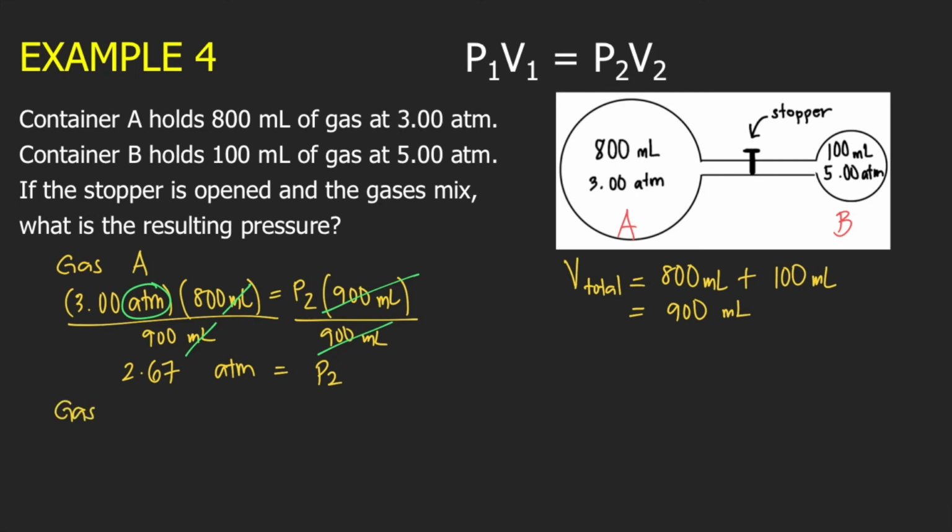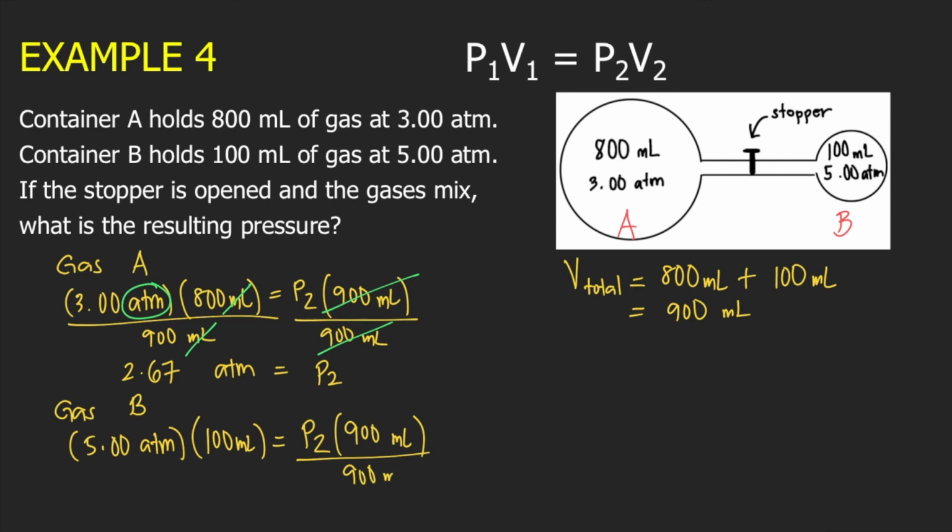Now let's do the same for gas B. The initial pressure of gas B is 5 atm, and the initial volume of gas B is 100 ml, equal to P2 times the total volume, which is 900 ml. So divide both sides by 900 ml. 900 ml cancels on the right side.